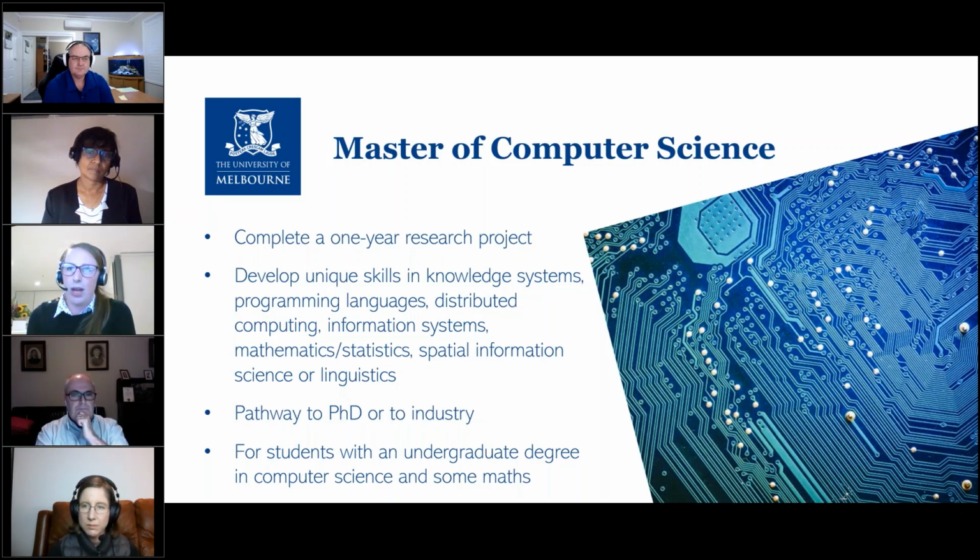You'll do some core subjects to build your foundation for that research project, but in your 2nd year, it'll be a full research project. And students looking to go into this degree would have come from a computer science background in their undergraduate degree.